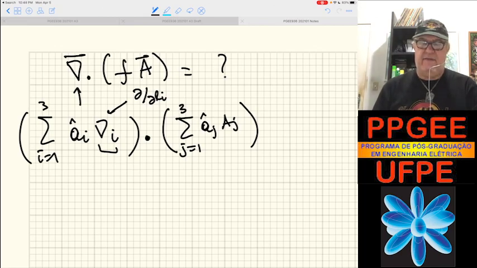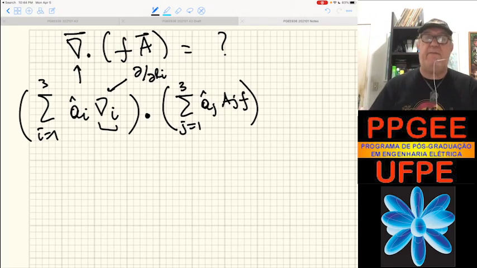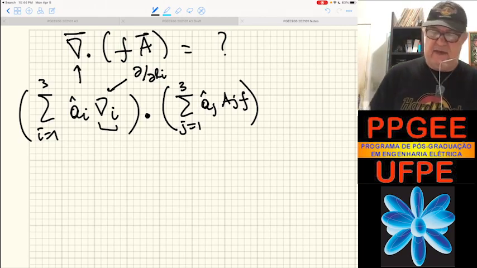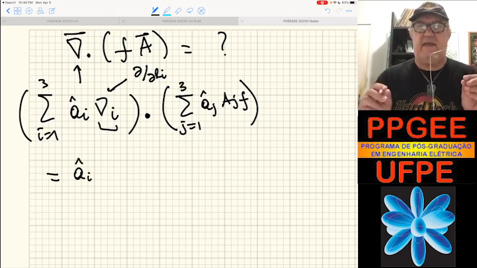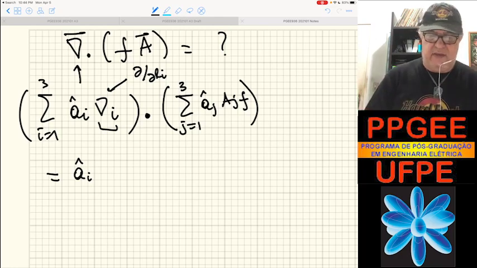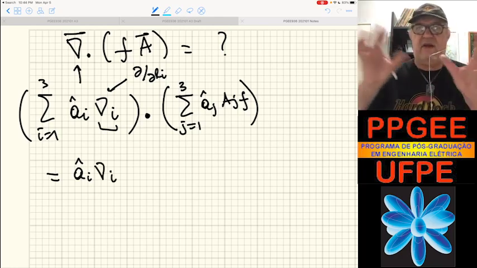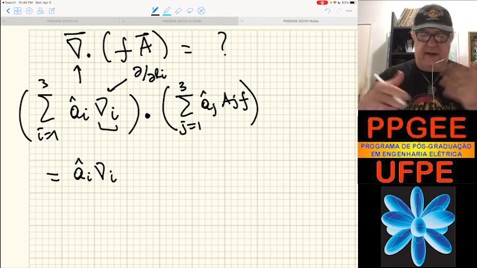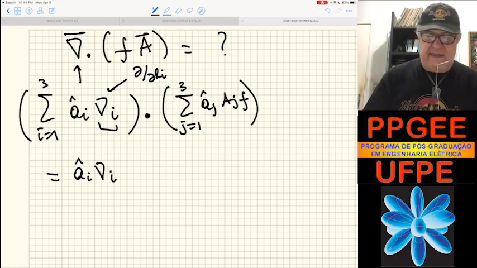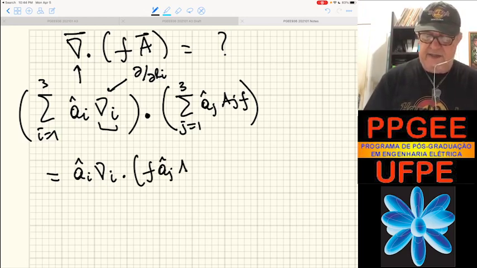Then we have, well, it's not that, I have a function here, times the function, right? So I'm going to drop the sum symbol and represent this like this. It's implicit that we are summing over i equals 1 to 3 and j equals 1 to 3. So we don't have a lot of symbols to play around with. A i nabla i dot f, I forgot the f, A j, right?